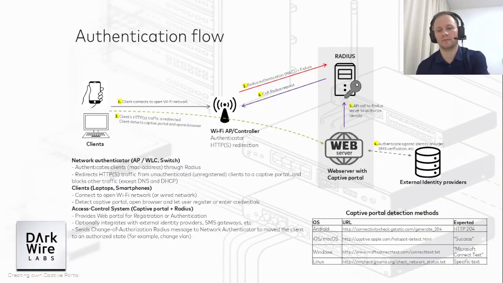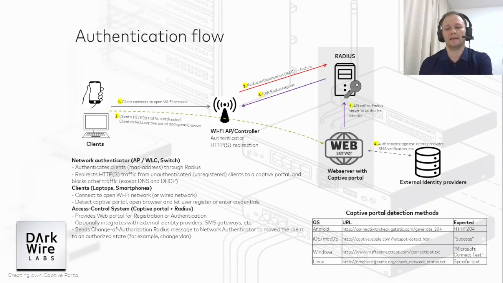In this case, the web server will integrate with some external providers, so SMS gateways. Or in some cases, the only role of the captive portal is to display some message and make sure the client accepts the terms and conditions.